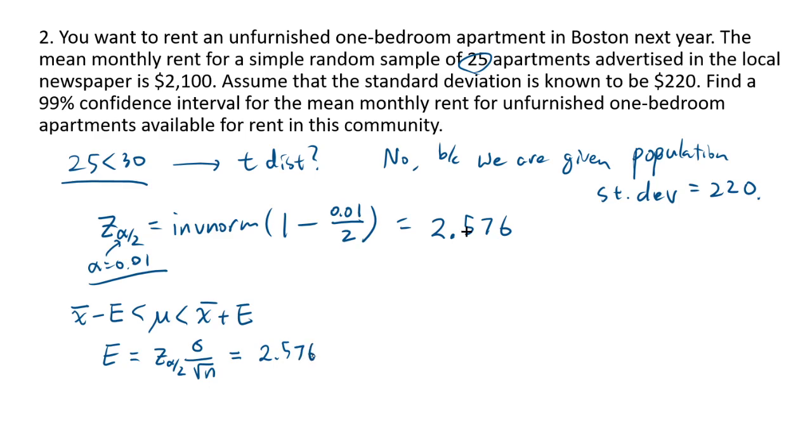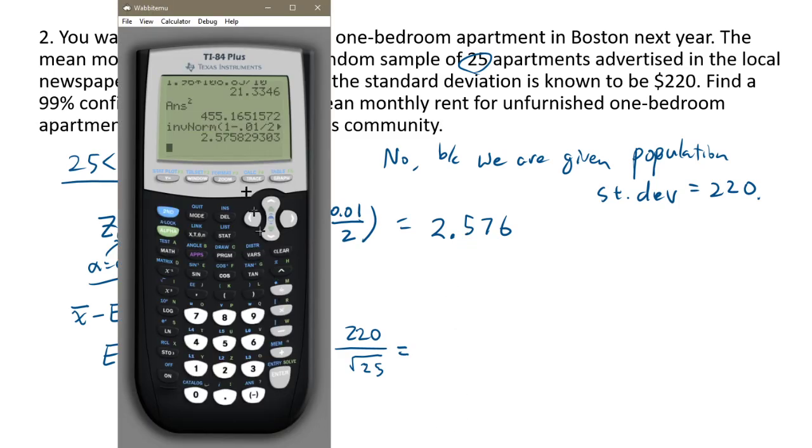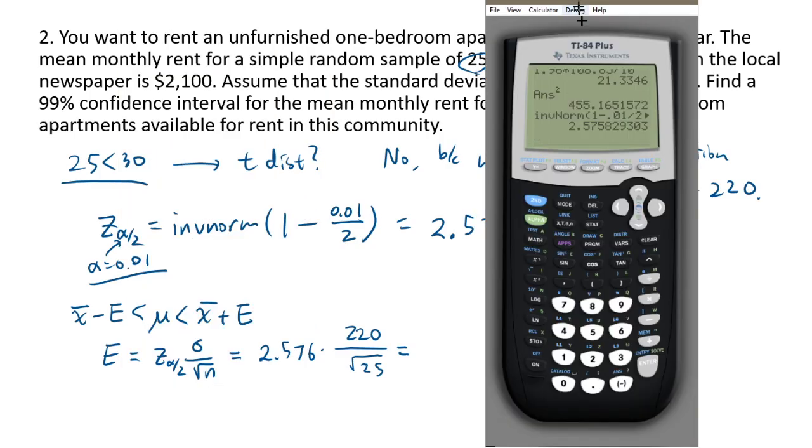So, but this is what we need for this context, and we have 2.576 times 220 and divided by square root of 25. That's because that's the sample size, right? Okay. Now let's put that in here.